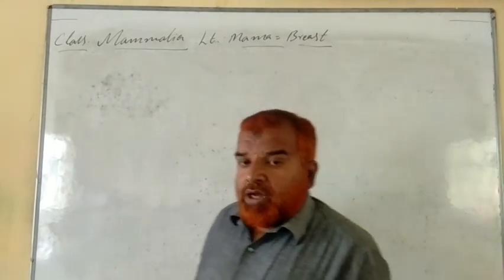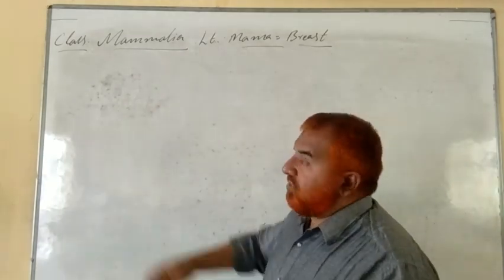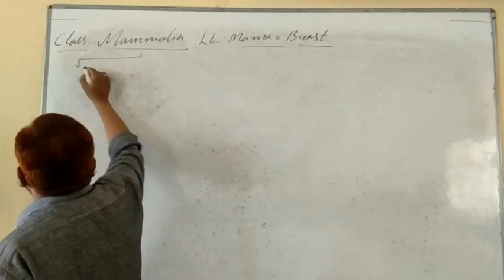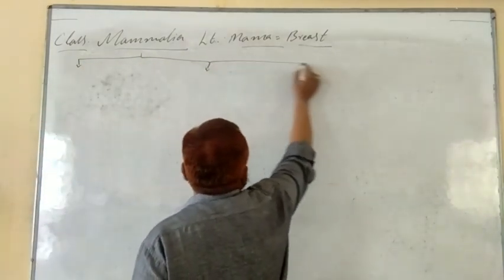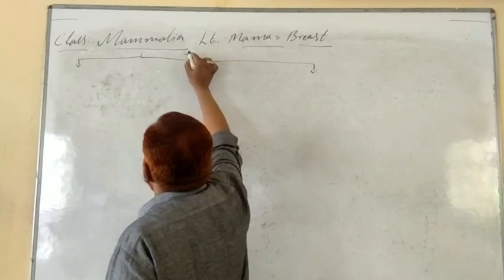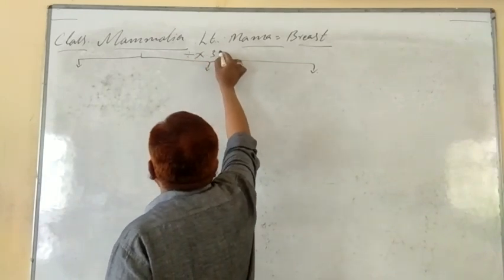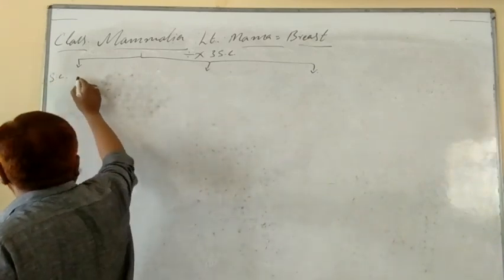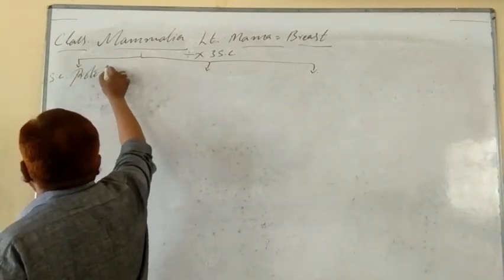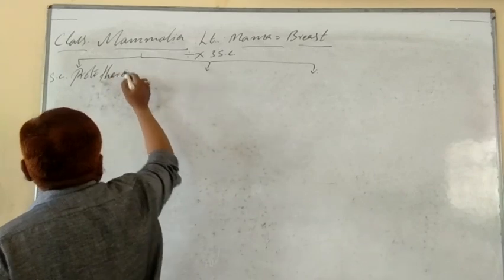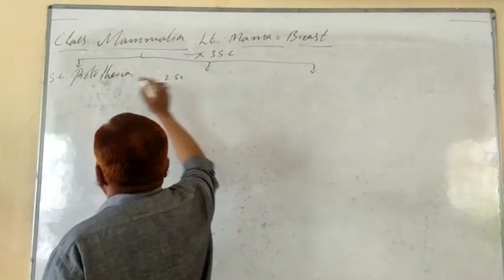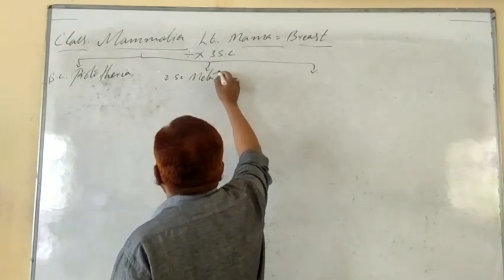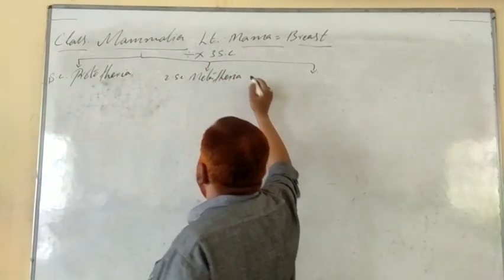Clear? Now, before we go to the general characteristics, this class Mammalia is further divided into three subclasses. The first subclass is Prototheria. The second subclass is Metatheria.